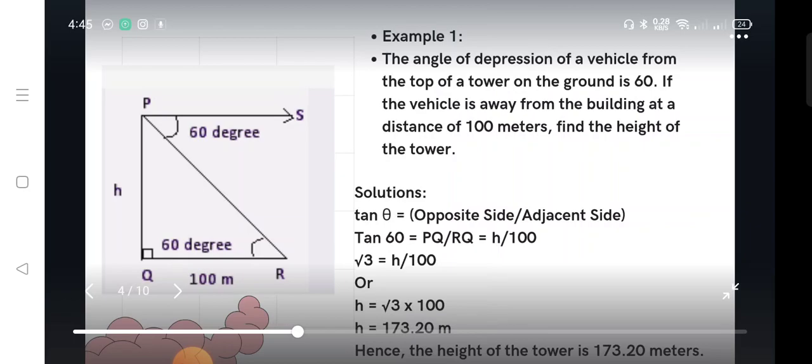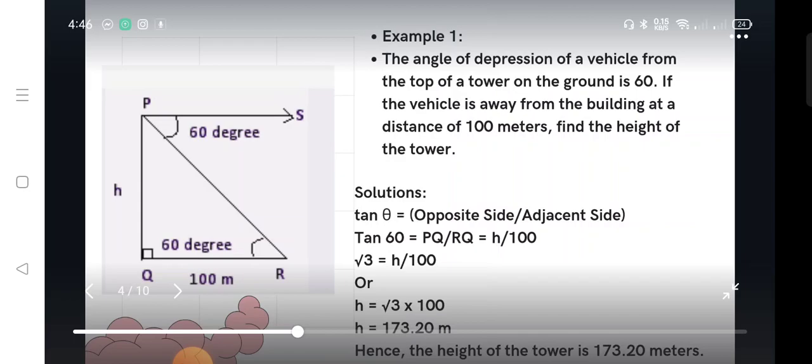So we have a given. The angle of depression, angle SPR, is equal to 60 degrees. So the angle of elevation, angle QRP, is equal to the angle of depression, angle SPR, which is 60 degrees.